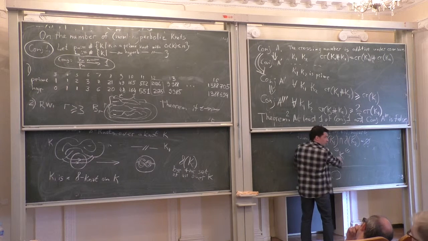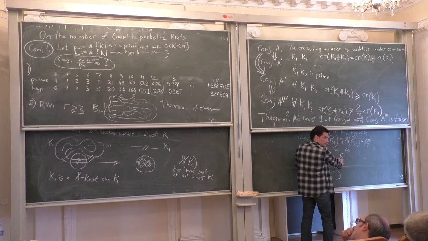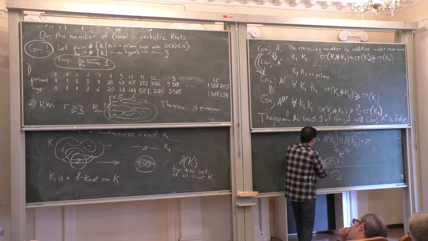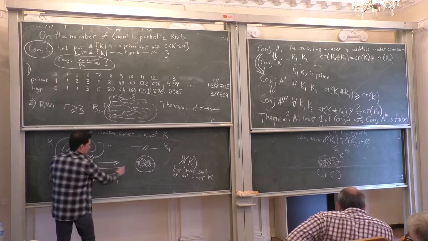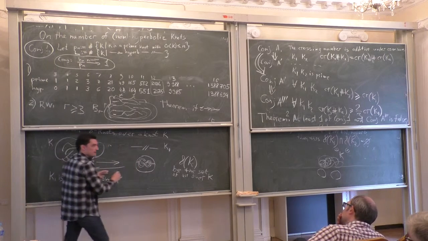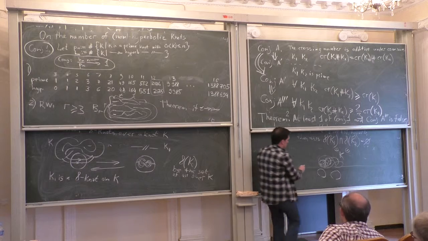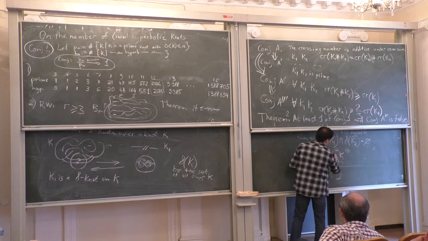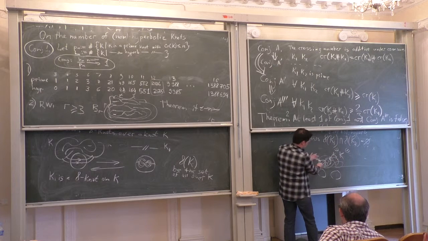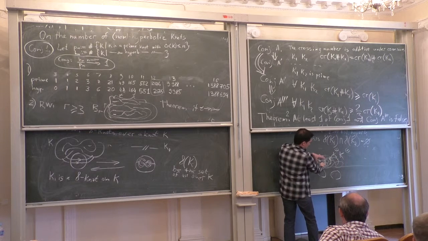If these two tori are disjoint, then after making this operation backwards, I see that if this one is for K1 and these two are for K2, I perform this operation back.